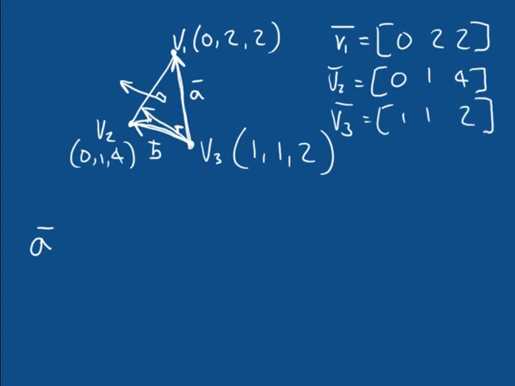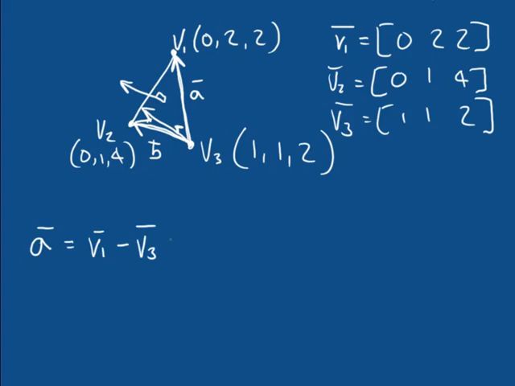Then I could find this vector by using our simple position vector mathematics that we'd already seen in an earlier video. So I want to start at V3, I'm going to travel down negative V3 to the origin, and then I'm going to travel from the origin back up to V1 with a positive V1. So A is equal to V1 minus V3. Again, we've seen that in our earlier video covering position vectors.